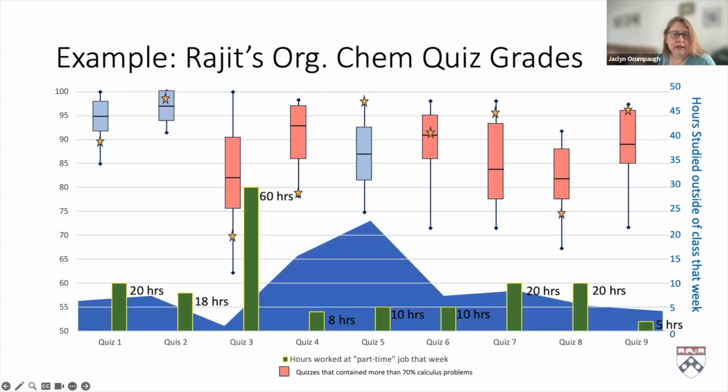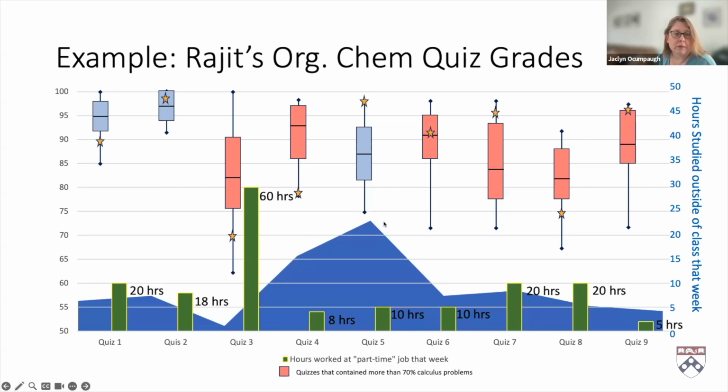Now, again, if we overlay all this information, it isn't entirely too much information. We have hours studied outside of class being given here, right? So we have a significant amount of studying, almost 25 hours in week 5, right? Very low studying in week 3.